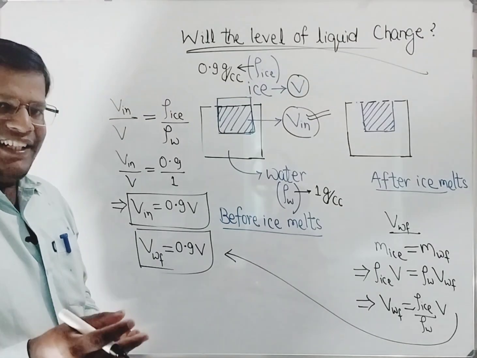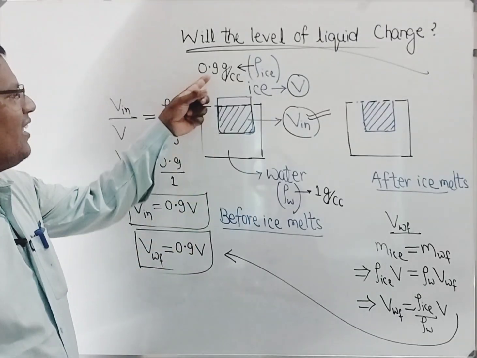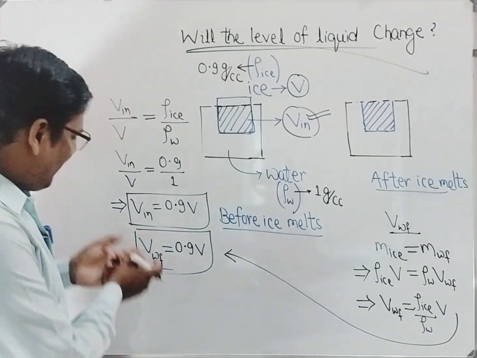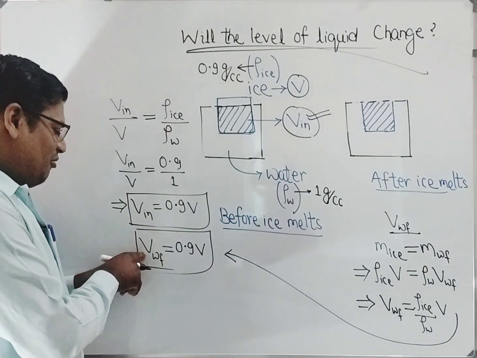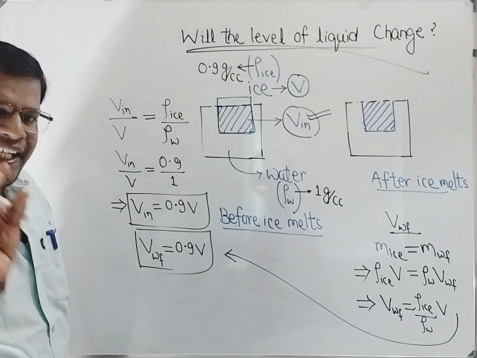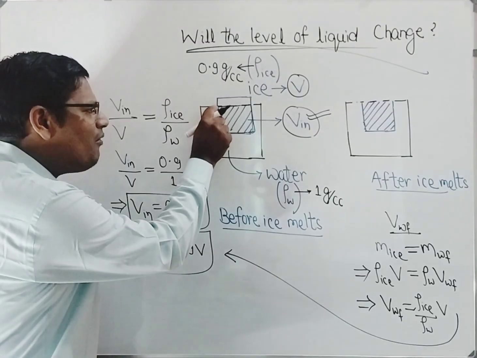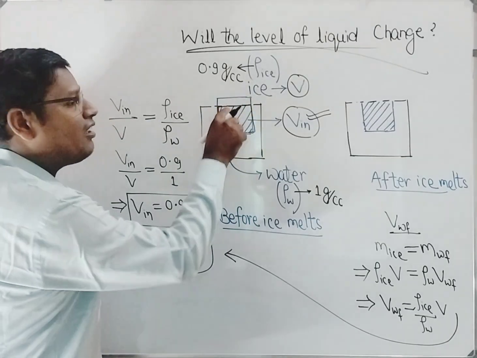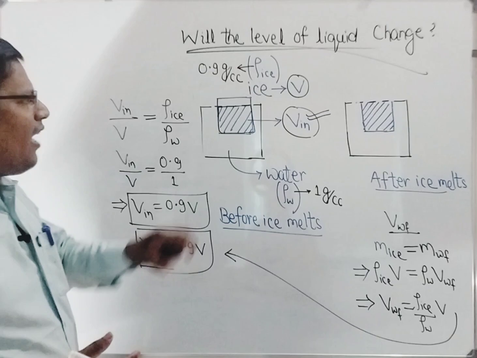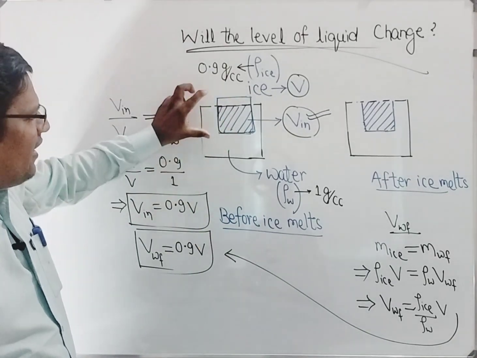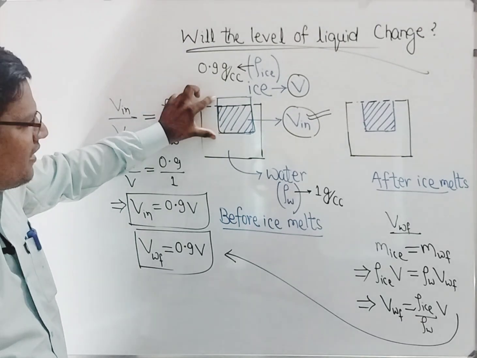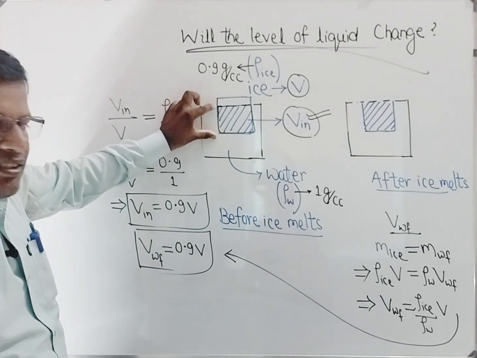So the density of ice and the density of water have values such that it comes out to be equal. The volume of water formed after the ice melts is equal to the volume of ice which was inside the liquid, not the total volume. So what has happened to the total volume of ice? It has decreased. Initially the total volume of ice was this much. Now after it melts and becomes water, the water formed is this much.